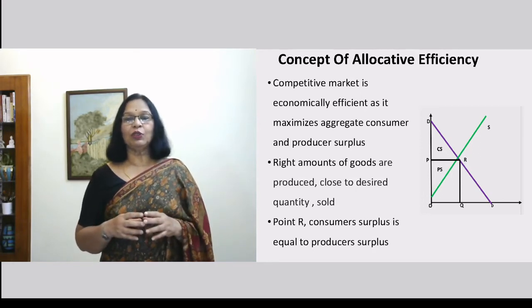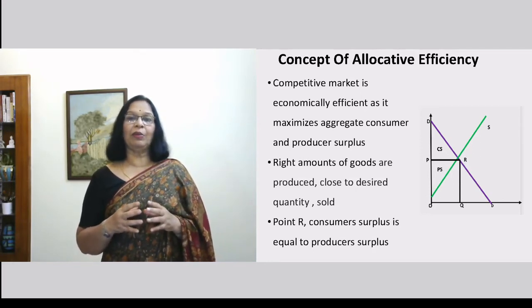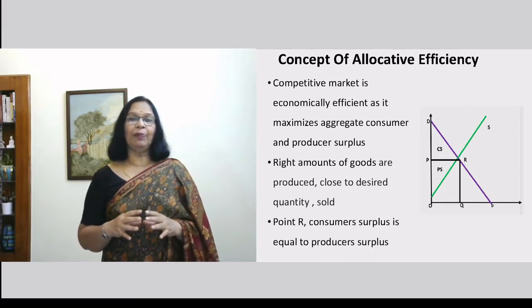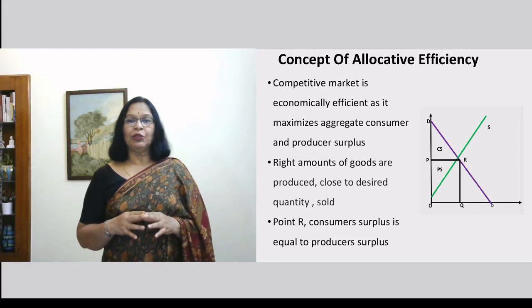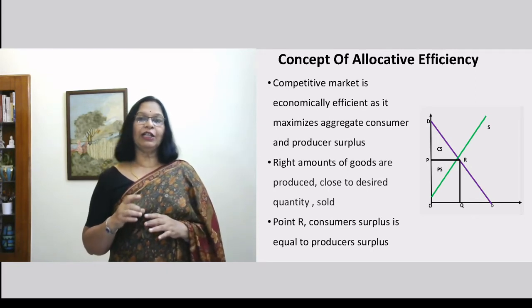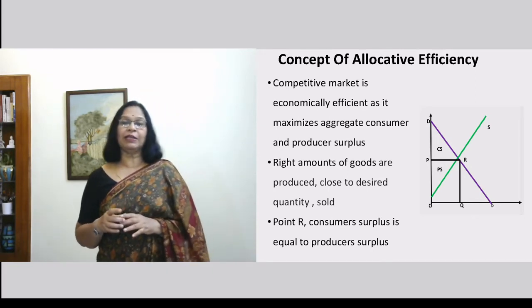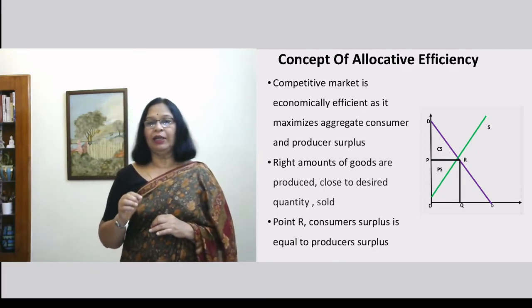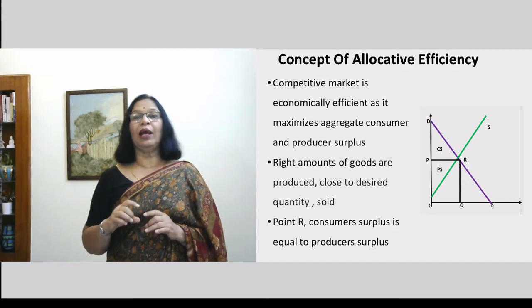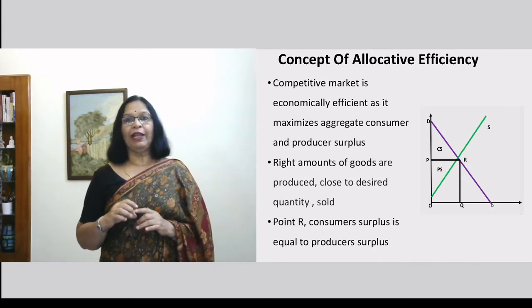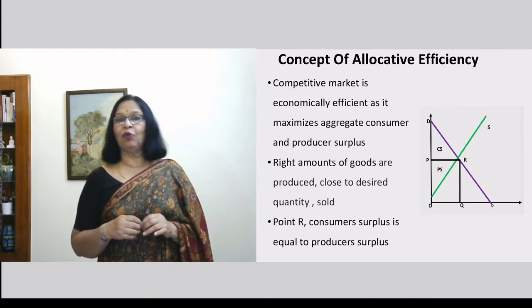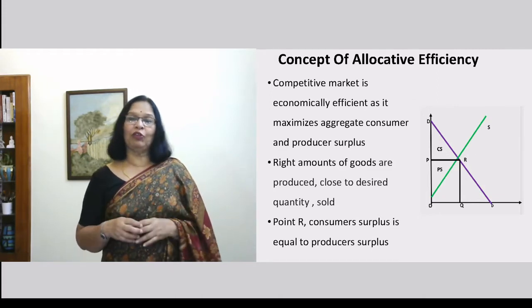The consumer was willing to pay any price from D to P, but he or she actually finally pays only price P. So the consumer could have paid any price above P and actually pays P, so that triangle DPR is known as consumer's surplus. He actually does not pay that price because the price is settled much lower than what the consumer was willing to pay for that commodity.